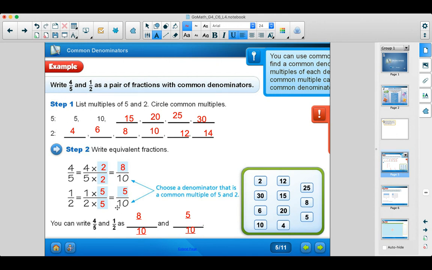So that is how you have two fractions, and you're finding the equivalent fractions with common denominators. Okay, let's go to the next page.